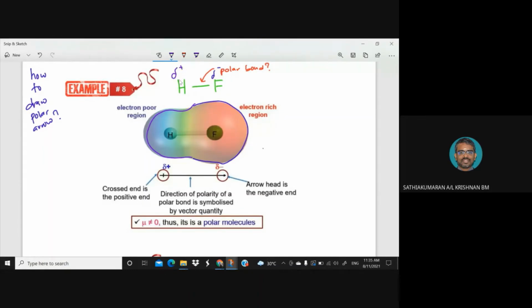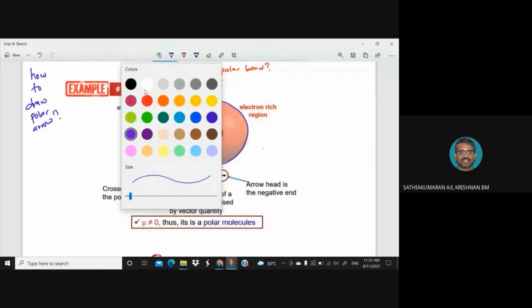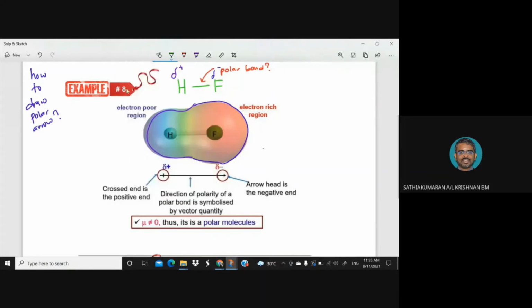So we have delta positive and delta negative. Now I can draw the polar arrow. The polar arrow, as I already informed you, has a head and a tail. The head will face the more electronegative atom, and the tail will be at the less electronegative atom.